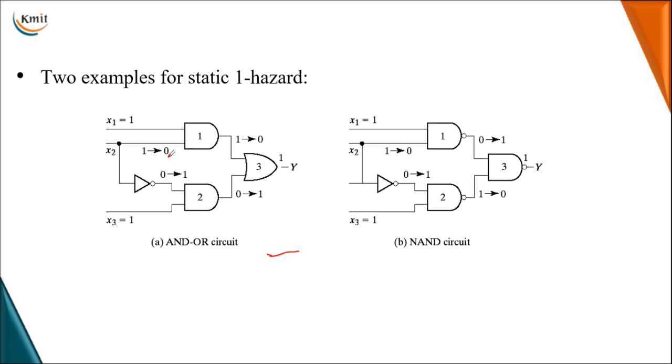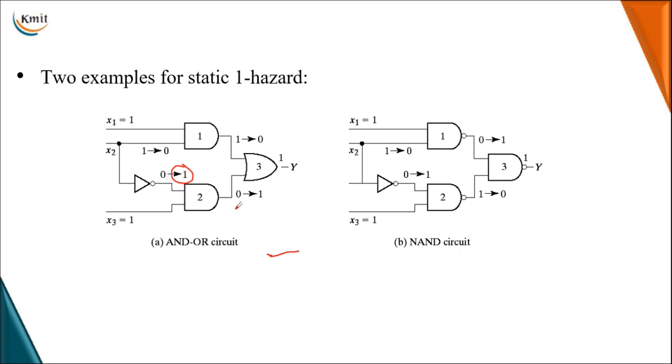Since this input is 0, the first AND gate has to give a 0 output. Because of this time delay, instead of altering this input to logical 1, this output would give you 0. The NOT gate output will give you only 0.